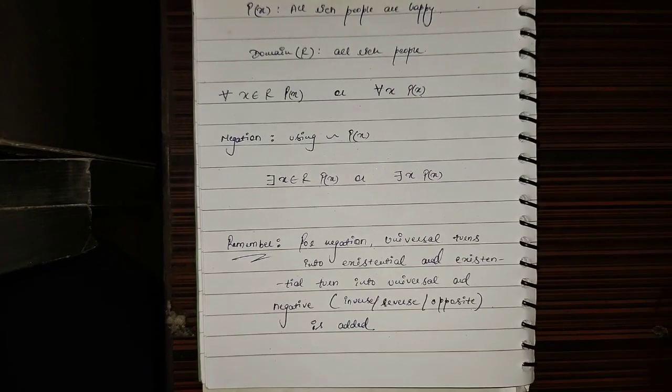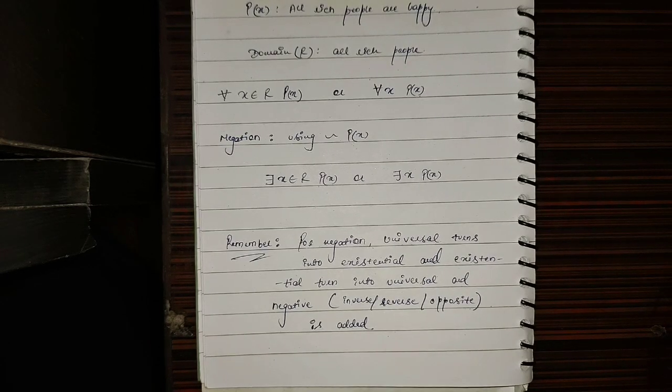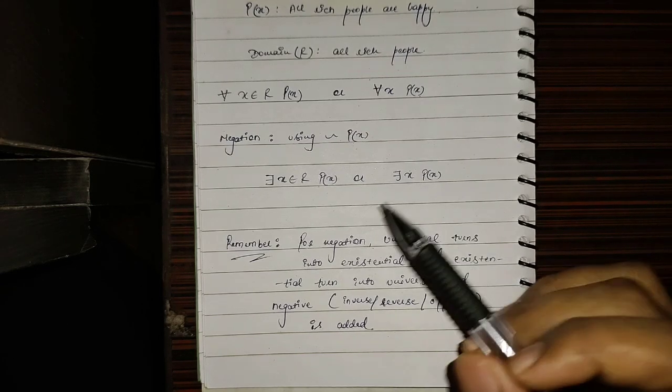So the people from the domain must have decreased. All the elements that we are talking about must have decreased, meaning now there are fewer rich people who are happy. So how can we represent that in a mathematical statement?